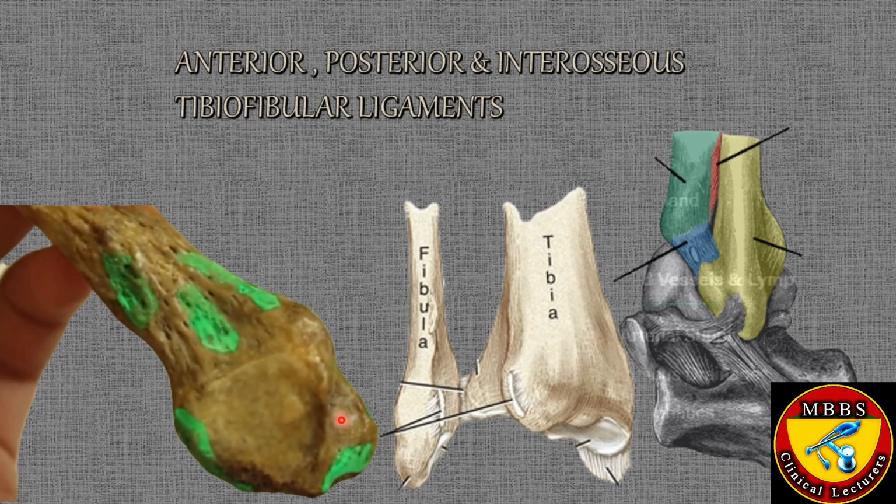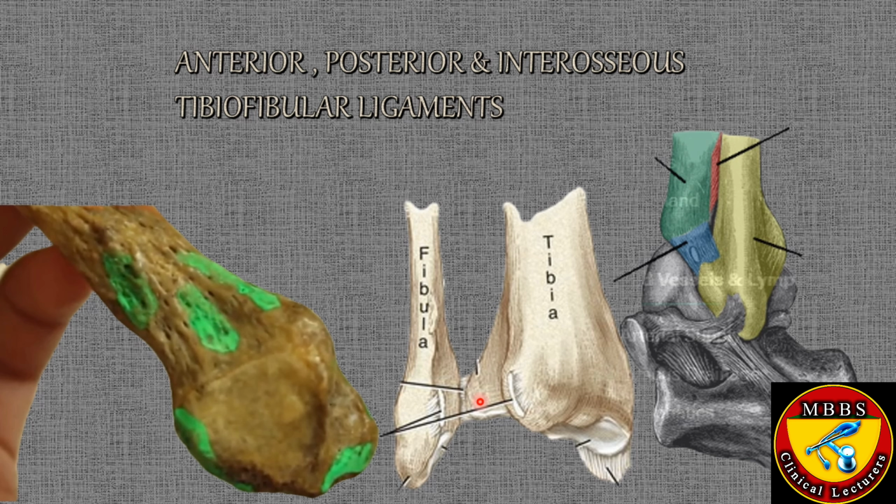This is the malleolar fossa, the triangular articulating facet for the talus. Above this triangular articulating facet there is a triangular rough area which gives attachment to the anterior tibiofibular ligament, posterior tibiofibular ligament, and interosseous tibiofibular ligament.